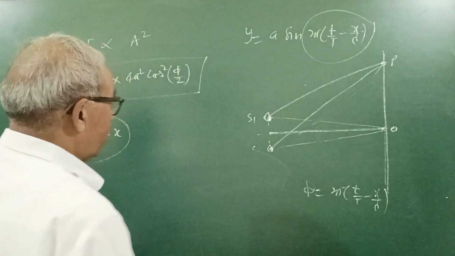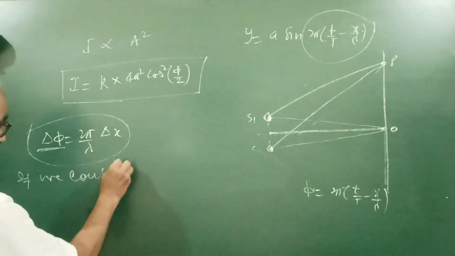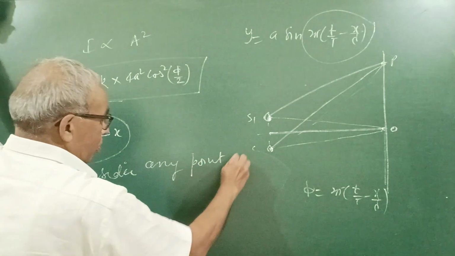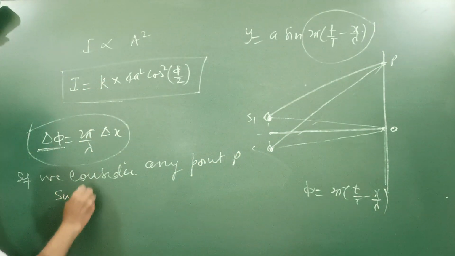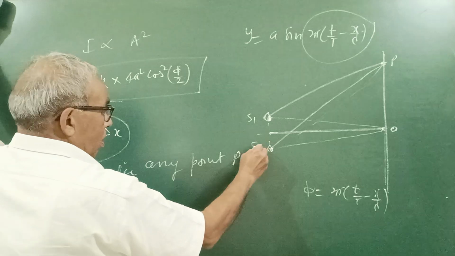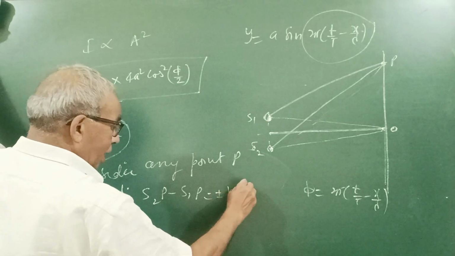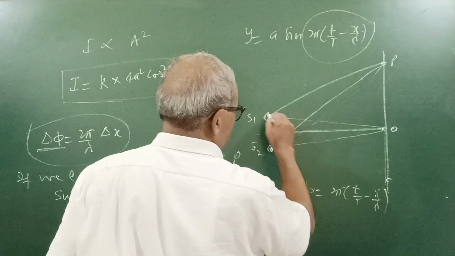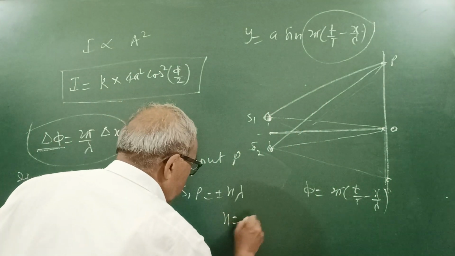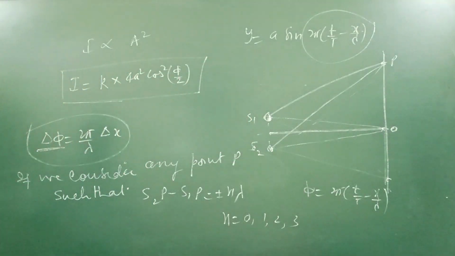So if we consider any point P such that S2P minus S1P equals plus or minus n lambda. Minus because P can be on this side also, then S2P is smaller than S1P, so it is negative. Where n equals 0, 1, 2, 3. For n equal to 0, the point is equidistant.